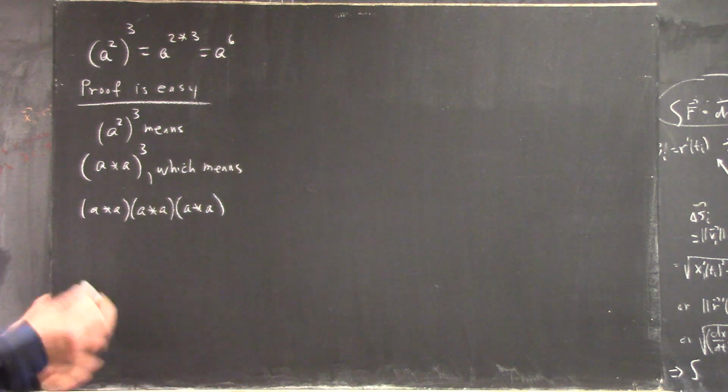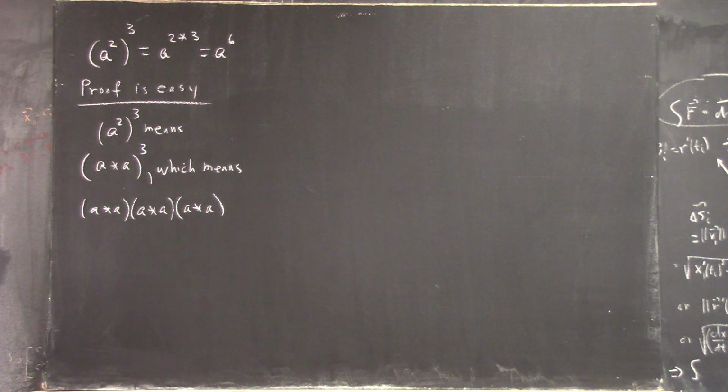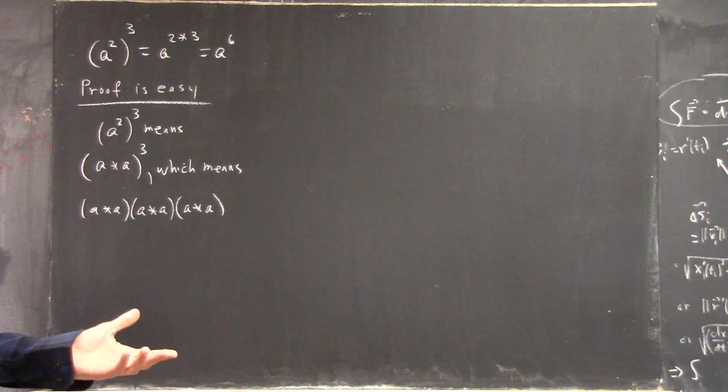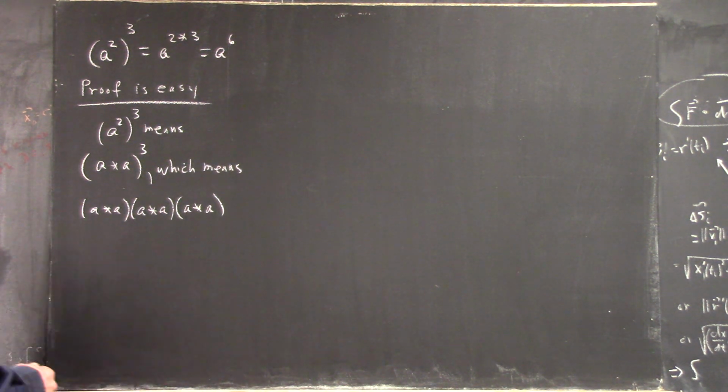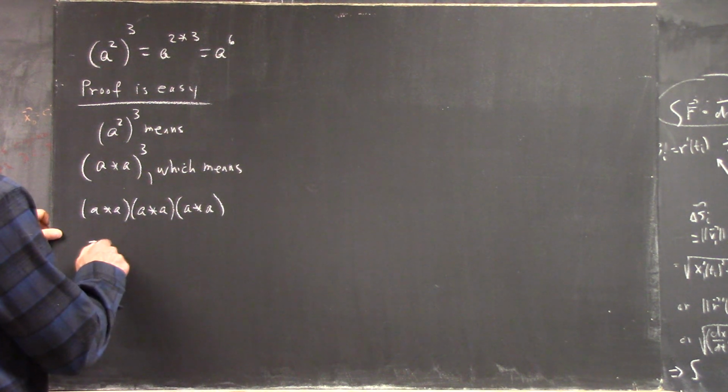You group these things in any way you want, and one way to group them is not to group them, which is formally not really valid, but everybody does it.